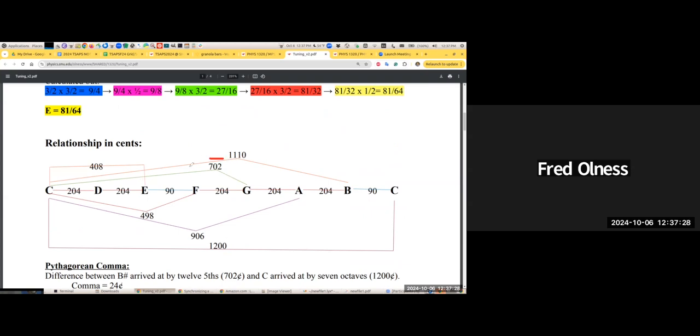Okay, and here's our fifth. The ideal fifth is 702 cents. The ideal whole step is 204 cents. And so I have 204 cents here, 204 cents here. Those are ideal whole steps. I put that together, I get 408. We're going to see that turns out to be too wide.